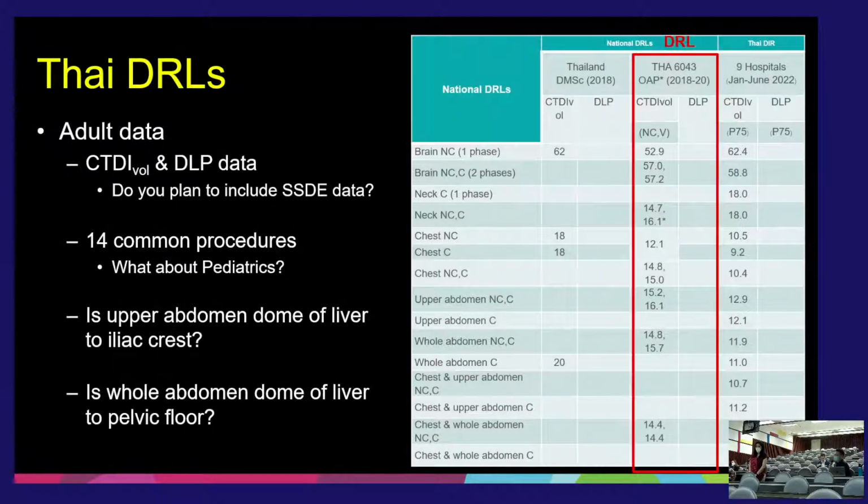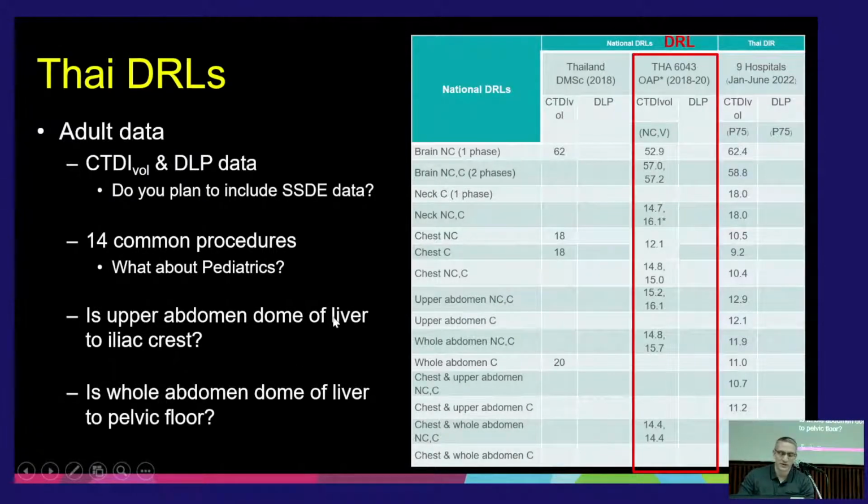Okay, that's wonderful. And then just a point of clarification, when you compare your data from country to country, for example, you list upper abdomen and then whole abdomen. When you say upper abdomen, is that dome of liver to iliac crest? Okay, so it's true abdomen. And then the whole would be abdomen pelvis.